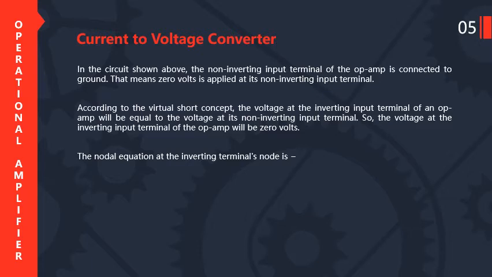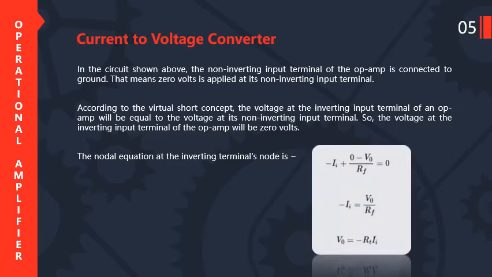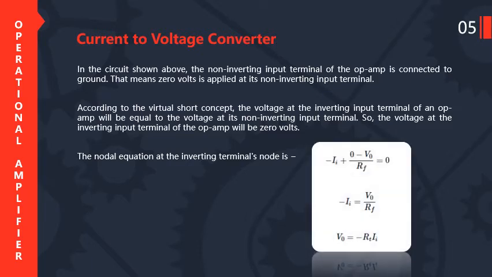The nodal equation at the inverting terminal node is minus of I1 plus 0 minus of V0 divided by RF is equal to 0. So we can find out the value of I1. Minus of I1 is equal to V0 divided by RF.